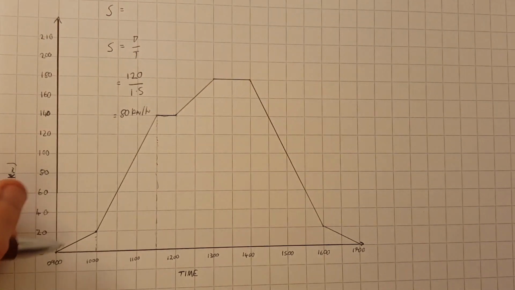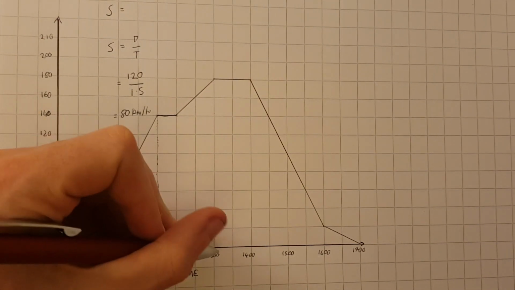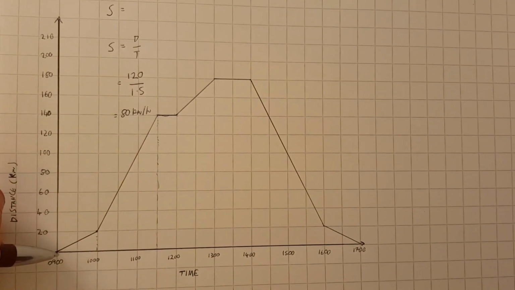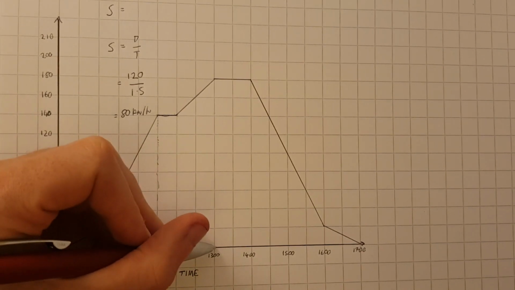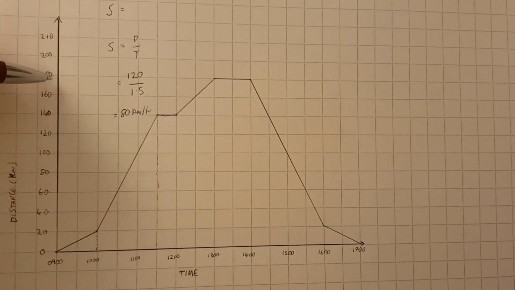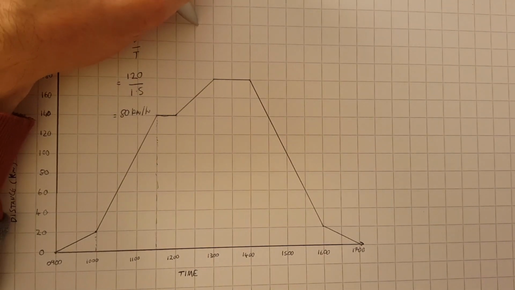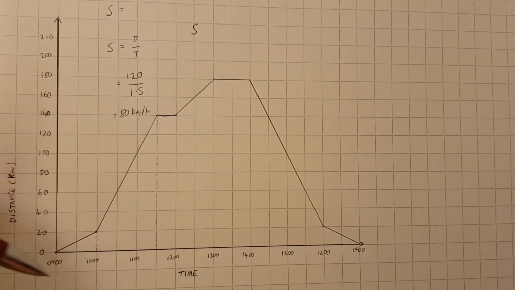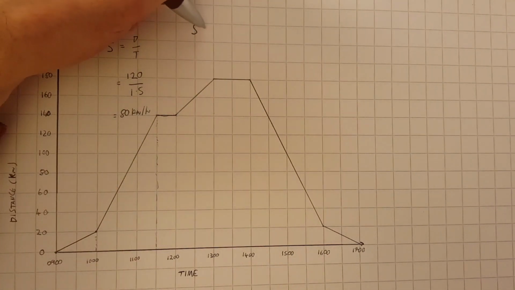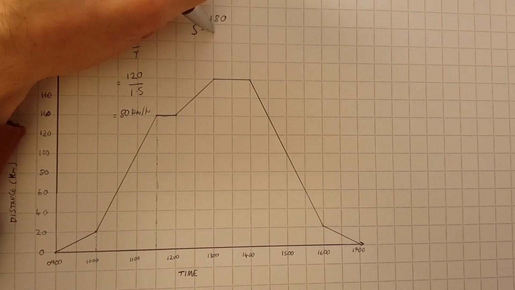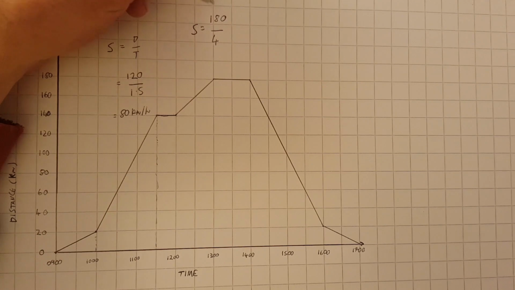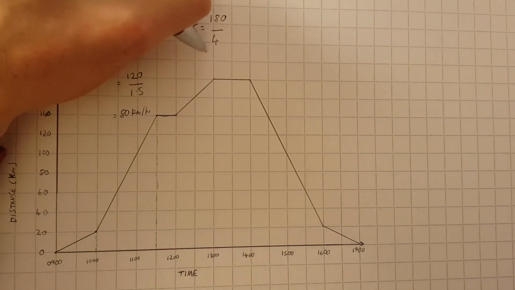Now if we were to look at the entire period between 9 and 1, we can see that 4 hours have elapsed and we've covered 180 kilometres in total. So we could say that the average speed between 9 o'clock in the morning and 1 in the afternoon would be equal to 180 over 4, because that's the distance over the time in hours.